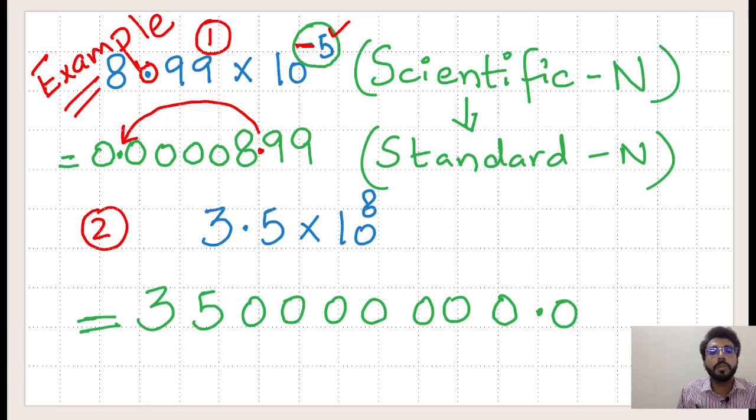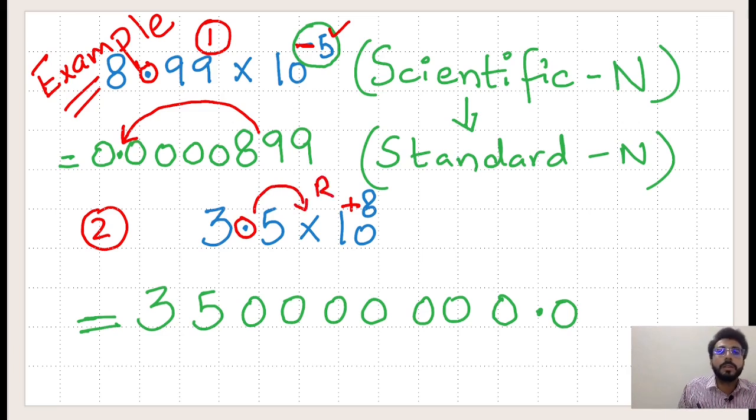It will become 0.0000899. So this is the standard form of the scientific notation. And when the exponent is positive, 3.5 times 10 to the power plus 8, we move the decimal point toward the right side.